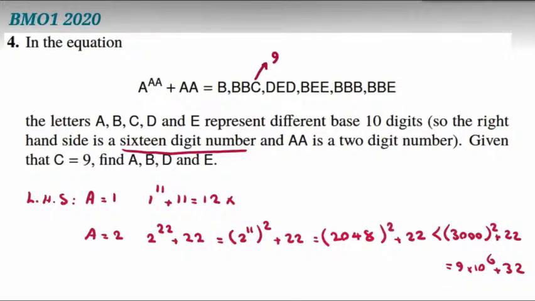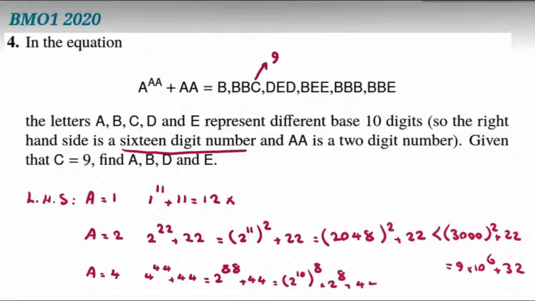For A equal to 4, it will be so much larger, so we understand A equal to 3 is good. 4 to the 44 plus 44 is 2 to the 88 plus 44, which is 2 to the 10 to the 8 times 2 to the 8 plus 44. 2 to the 10 is greater than 1000, so it will be 1000 to the 8 times 2 to the 8, which is 256, plus 44. 1000 to the power of 8 is 10 to the power of 24, so it has more than 16 digits.